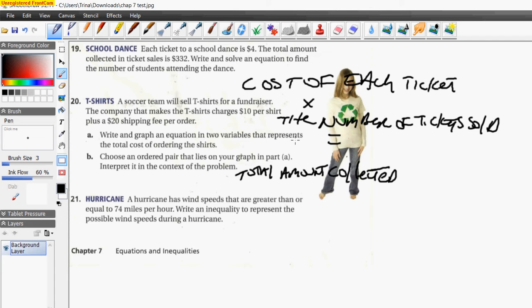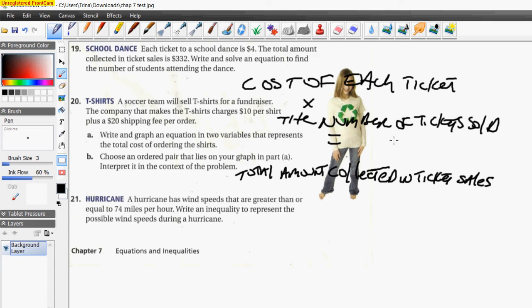Forgive my C, there we go, now it's a little bit more legible for you, in ticket sales. All right, let me make this S a little better. So we have the cost of each ticket times the number of tickets sold equals the total amount of tickets collected. Okay? Does everybody understand that?